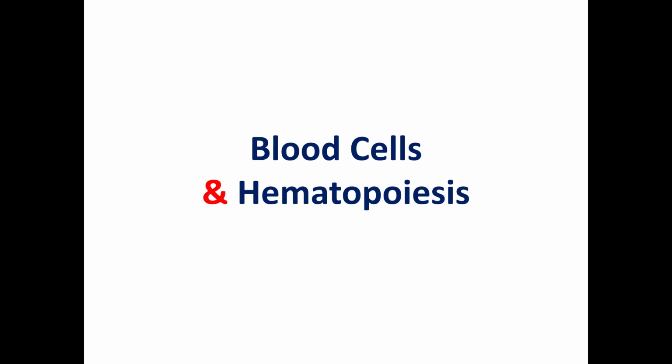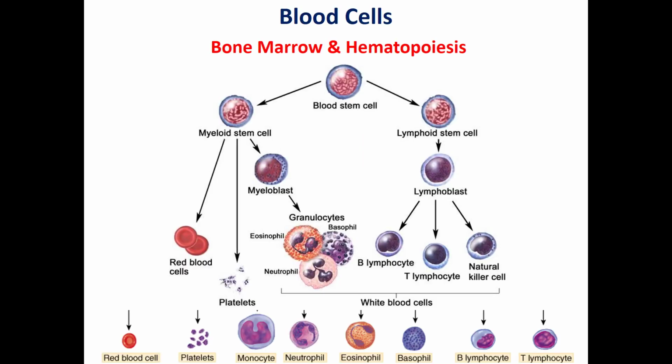We started by talking about the plasma, then we talked about the serum. Now we'll talk about the blood cells and their maturation procedure. All blood cells, whether red blood cells, white blood cells or platelets, are derived from a stem cell, a blood stem cell, which is found in the bone marrow.